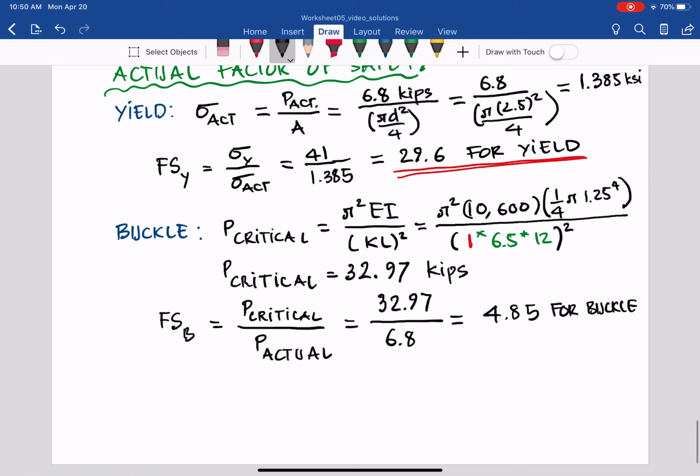We set the factor of safety at least 4 for buckling. Now we got 4.85 because we jumped a little bit higher in diameter. That makes sense here.